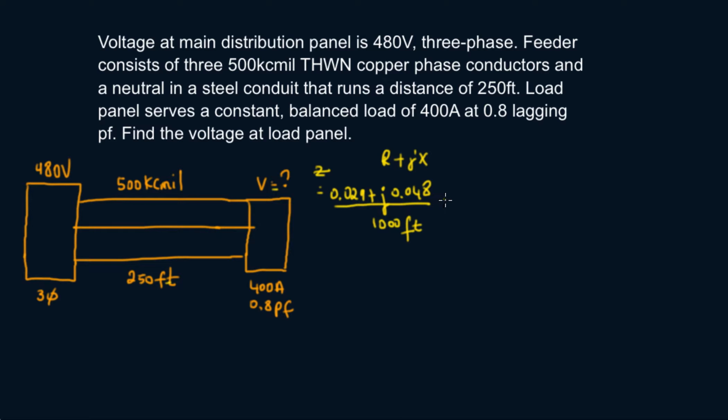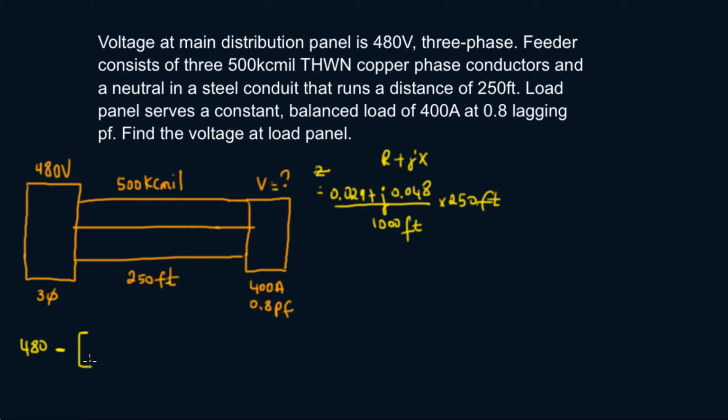And we have a 250 feet distance of conductors. So essentially we have 480 volt. You can set it up this way: 480 volt minus the voltage drop across here, V is equal to IZ, right? So this is our impedance, and this is the current here, but we have a 0.8 power factor.